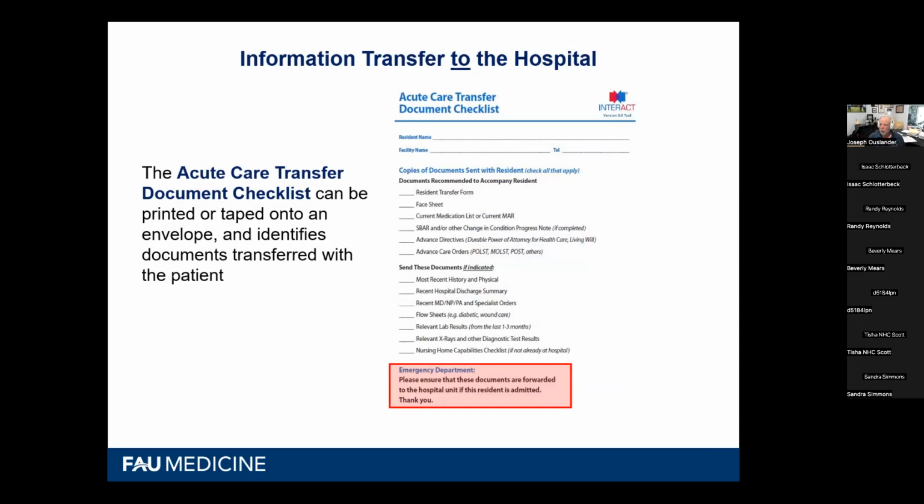One, they got one page and it said AMS on it. That's all it said, AMS, altered mental status. And that's inadequate. The other thing that sometimes will happen is the nursing home copies everything. And busy emergency department physicians and nurses are not going to go through a stack of 100 pages. They're just not going to do that.